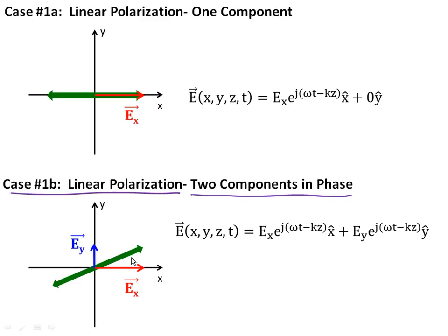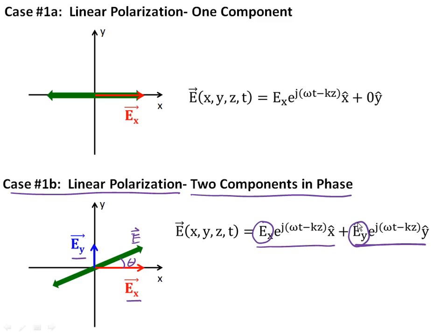We essentially have some electric field vector E that's not pointing in the x or y direction, but at some angle to the x-axis. We can represent this as the sum of two components, an x component and a y component. Here's my x component right here. It looks exactly the same as above, except now I have some amplitude in the x direction, and I also don't have a zero y component, but I have some y component that has an amplitude Ey.